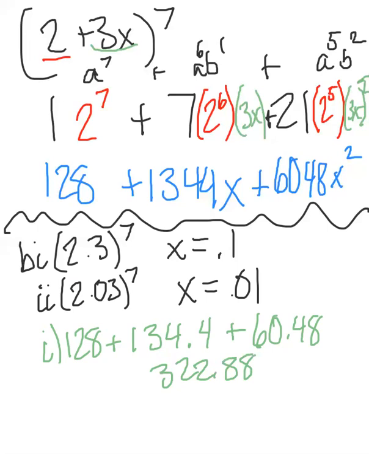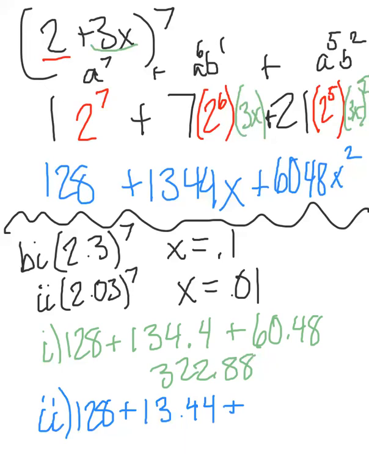Lastly, the second one, when you're to work it out, still 128 because that doesn't have an x term. Multiplying by 0.01, that means we're moving two decimal places, so it's 13.44. And then for the other one, it is moving 4 decimal places because 0.01 squared is 0.0001.